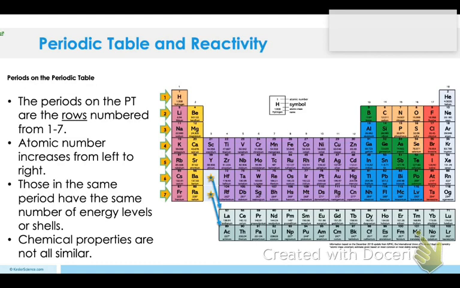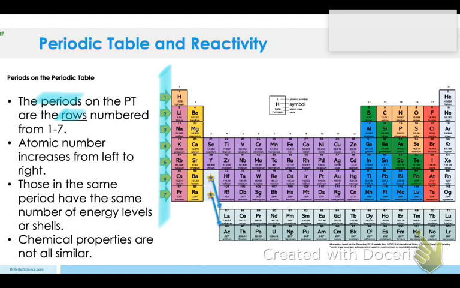So the periods on the periodic table are the rows numbered 1 through 7. On the side of your interactive notebook, you have little numbers, right here for me is the arrows. That is your periods, and they are going to be in rows, so they're going to go across. When you think rows, you can think movie theater.